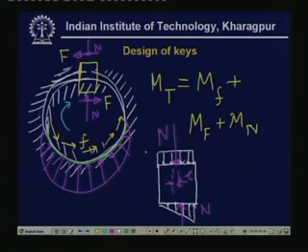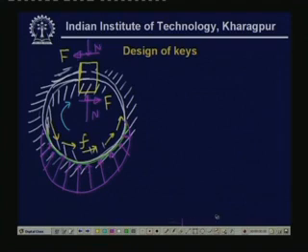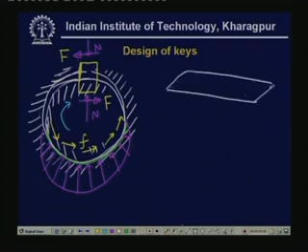Now we have considered the design of the parallel keys this way, that is, we have taken the distribution of force. If you take this distribution, then we have considered the force distribution to be uniform throughout.